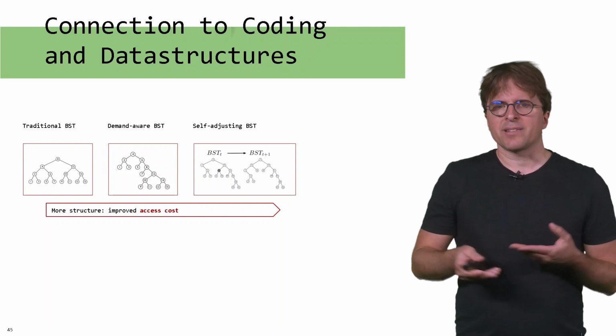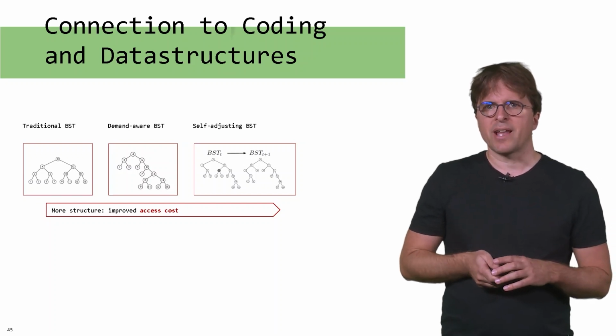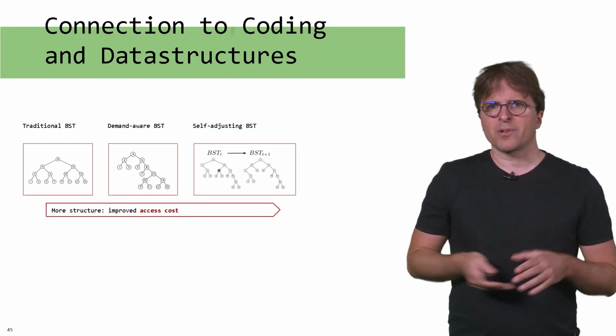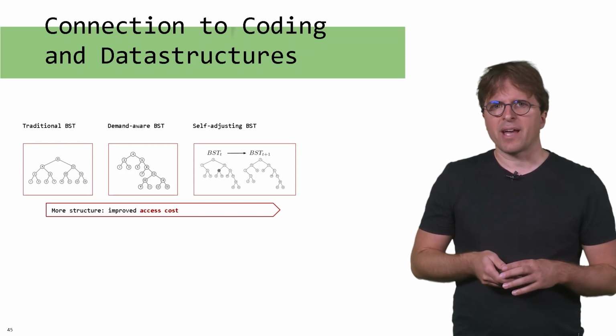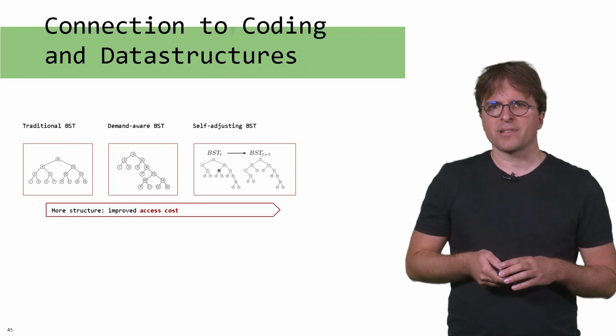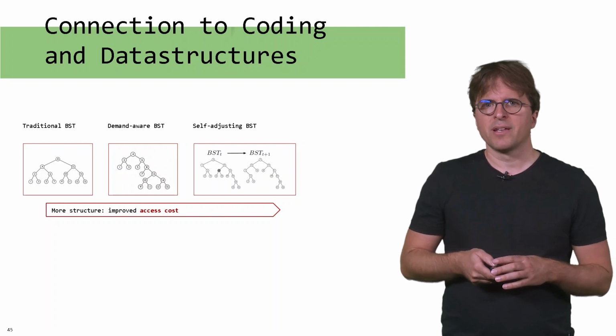And you may have something like a self-adjusting binary search tree that adapts to the distribution in a dynamic manner. And the more adaptive, the more demand-aware you make your tree, the better is the access cost typically. So the more you go to the right, the better is the performance of the binary search tree, because it's more aware of the distribution.